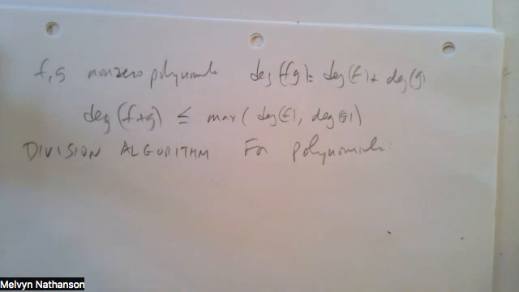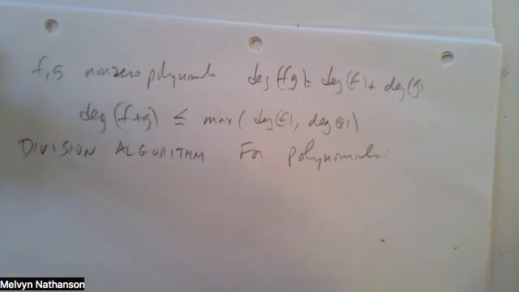For integers, if you take an integer a and divide it by b, you get a quotient q and a remainder which is less than the number you're dividing by. If you take polynomials f and d, with d not zero, then you can write f as d times some polynomial plus a remainder, where the degree of the remainder is less than the degree of what you're dividing by.